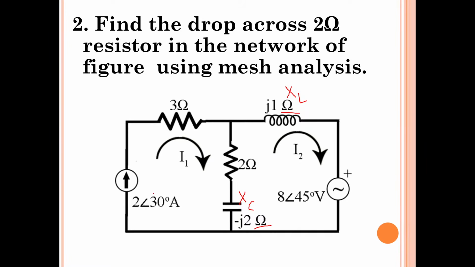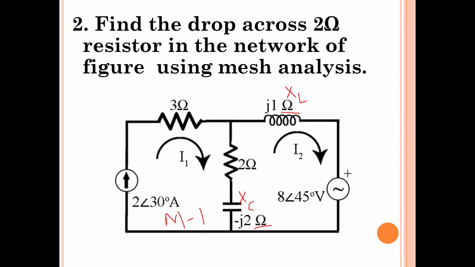Now this is mesh 1, isn't it? In mesh 1, what is the source that is available? It is the current source. If in any mesh there is a current source, due to the presence of the current source, the loop current will be nothing but the source current.